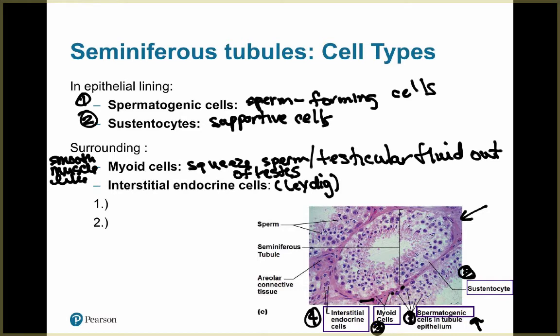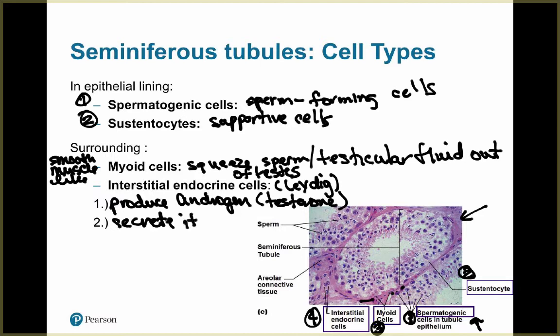They're located in the soft tissue surrounding, and they're important because they help produce androgens, such as testosterone, and they secrete it into the interstitial fluid there.